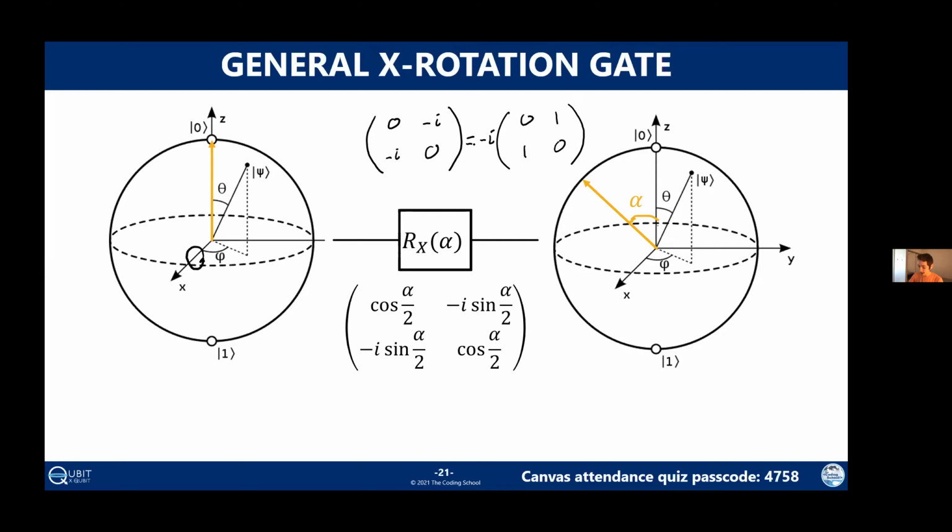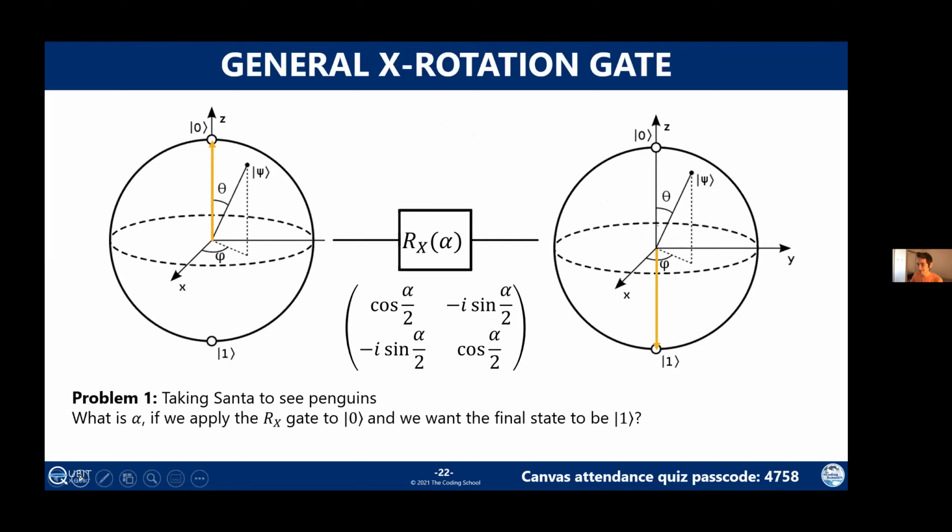So we would say that the x gate here is functionally equivalent to Rx of pi, even though they're not the exact same numbers, they're only off by a global phase.